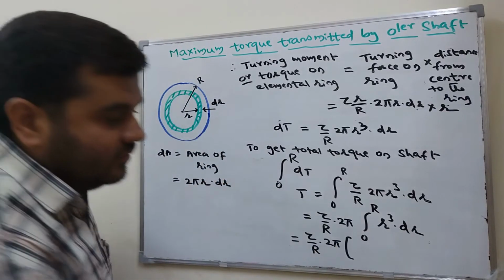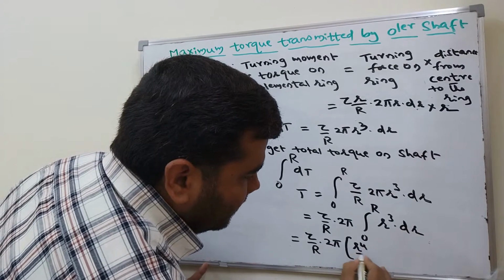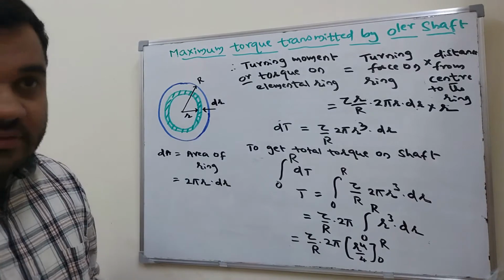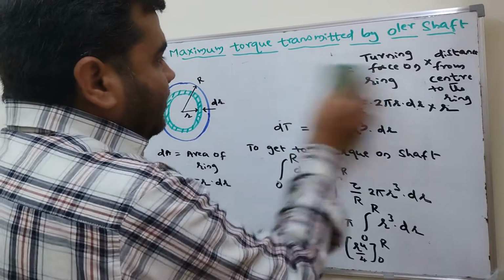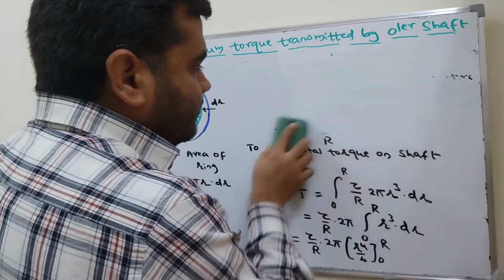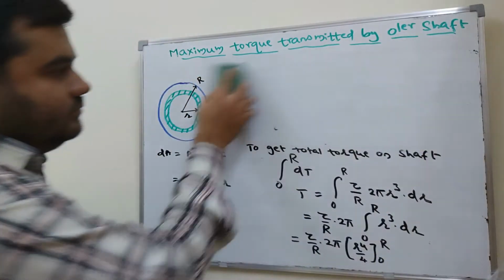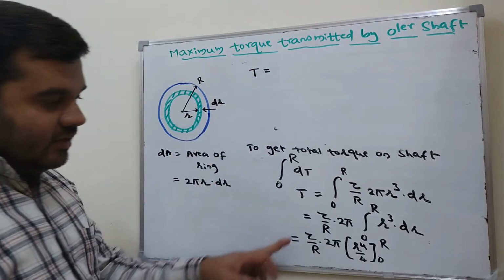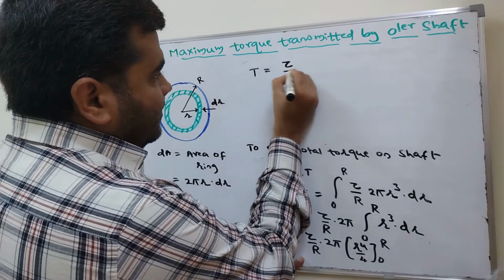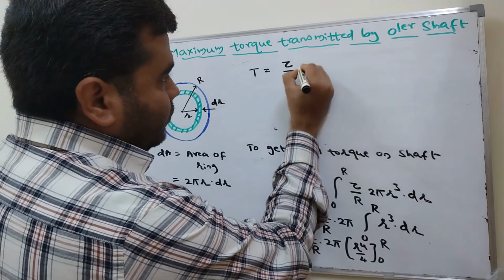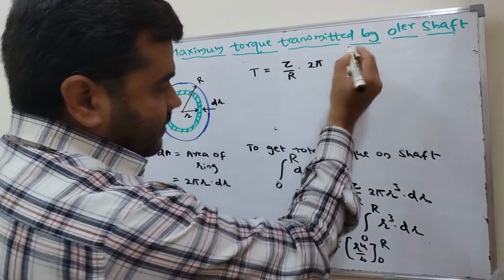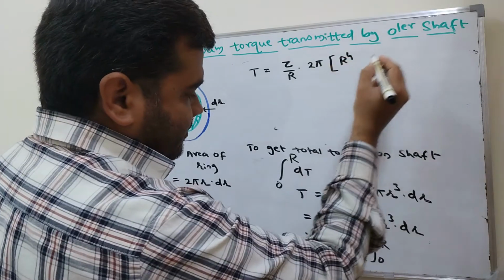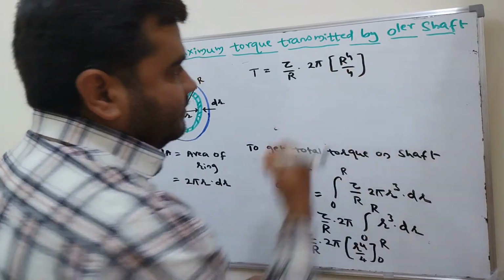After integrating this, I will get r raised to 4 divided by 4, from 0 to R. Now substitute the upper limit and lower limit. That is T, the total torque on the shaft: T equal to tau by R into 2 pi into R raised to 4 divided by 4.